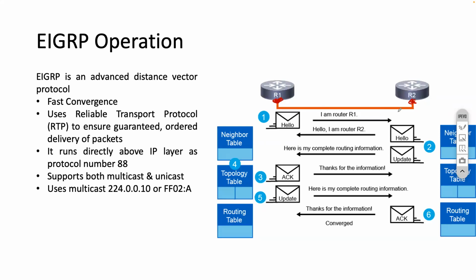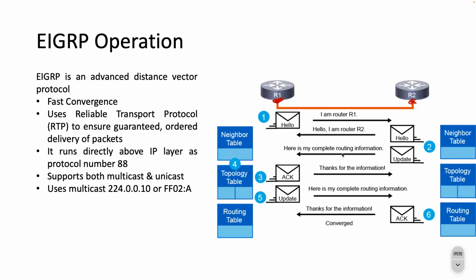R1 is sending towards R2, saying I'm router R1. In the same way, R2 is also sending its hello information. Once the hello packets have been exchanged and the neighborship has formed, they will exchange update packets.